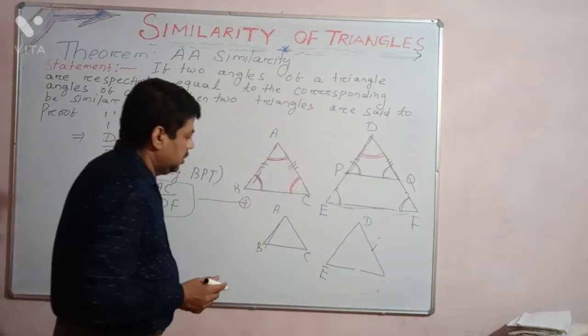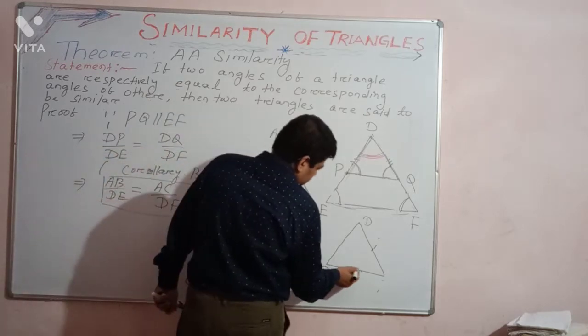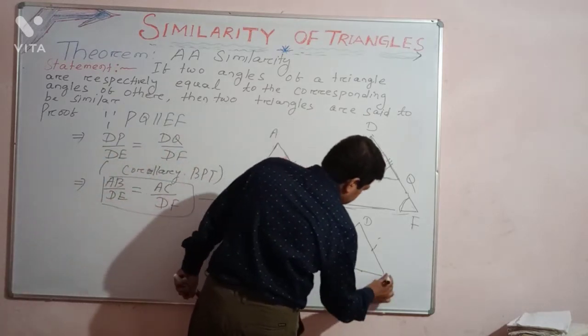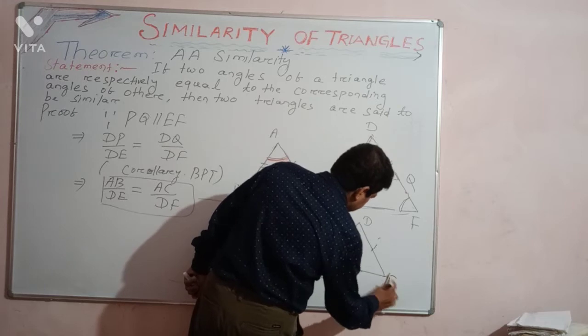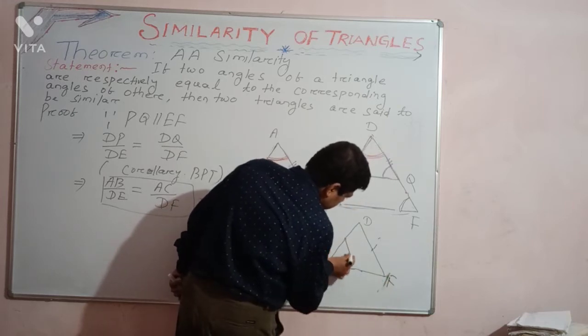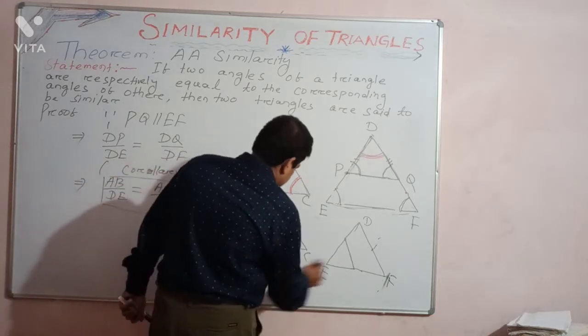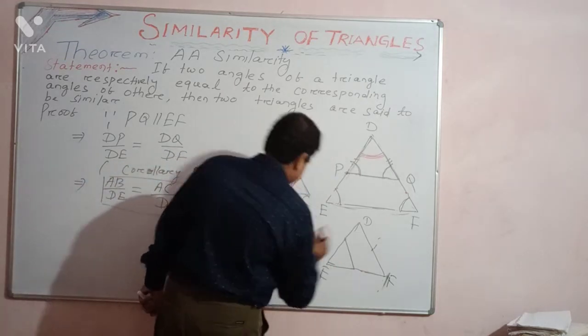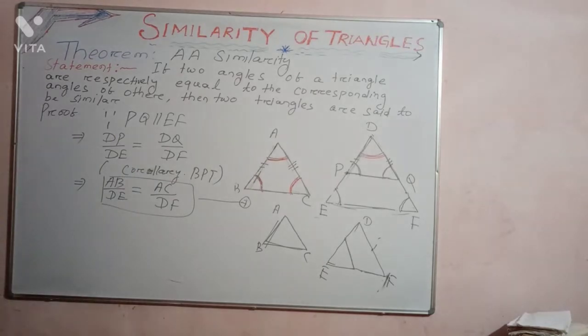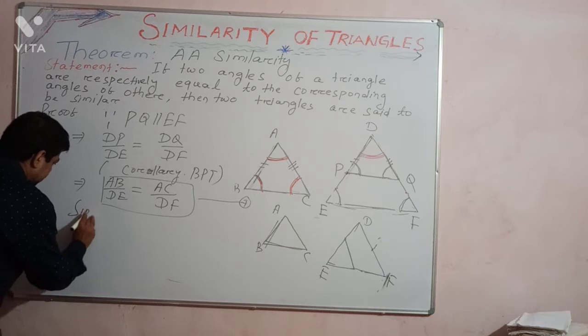Similarly, by joining this construction on this side of DEF, can you prove that AB by DE is equal to BC by EF? Yes or no?